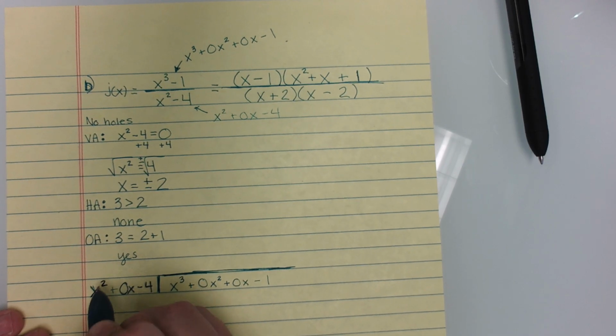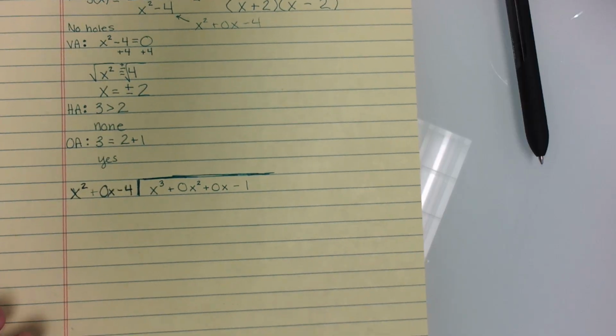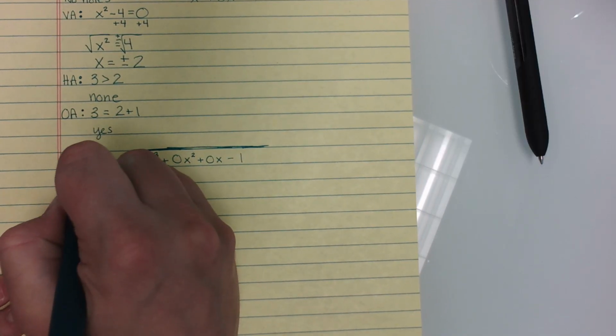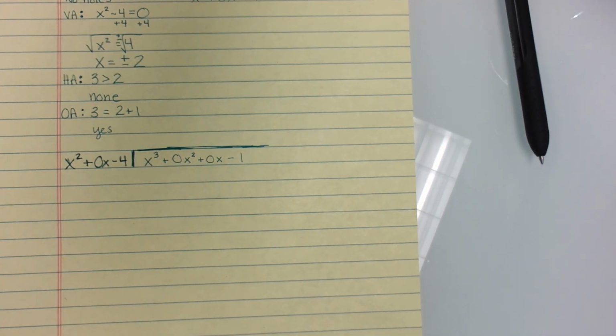Now here's the nice thing about doing polynomial long division when graphing rationals. You get to ignore the remainder, which means you often get to stop dividing early, like really early sometimes. What do you multiply by x squared to get x cubed?